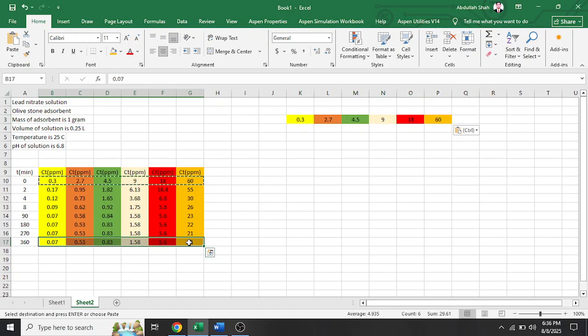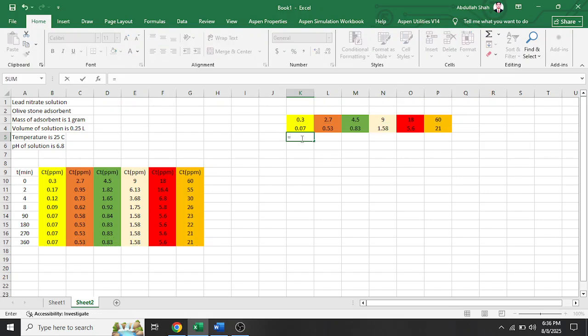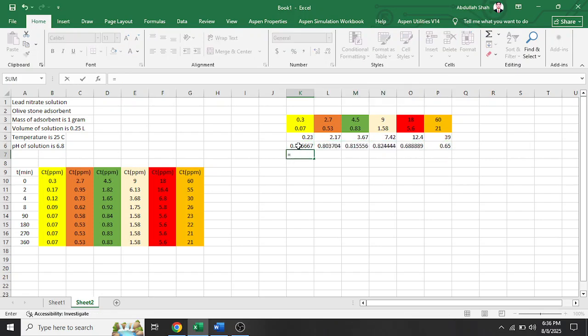So percentage removal is equal to C naught minus CE, divided by C naught, multiplied by 100.